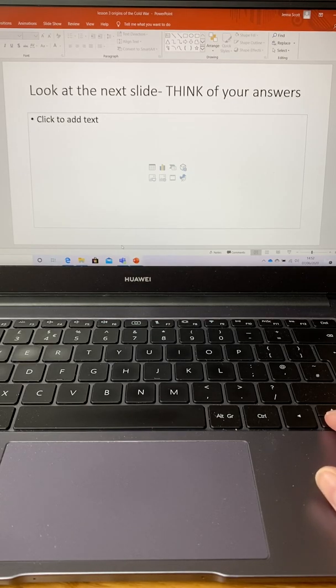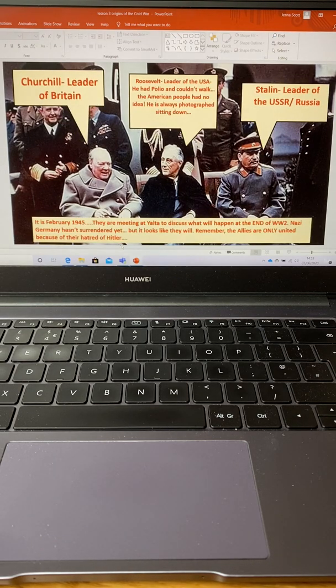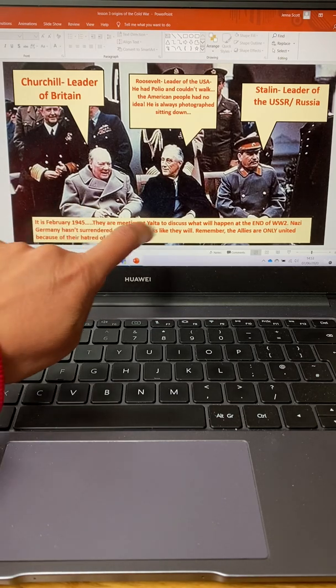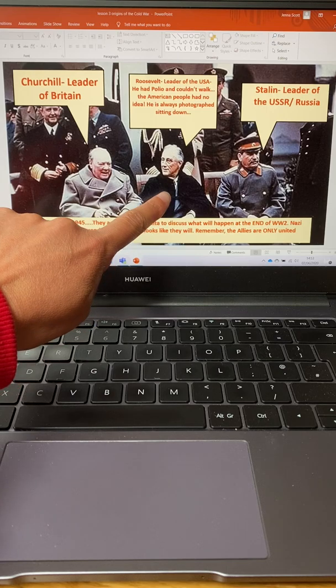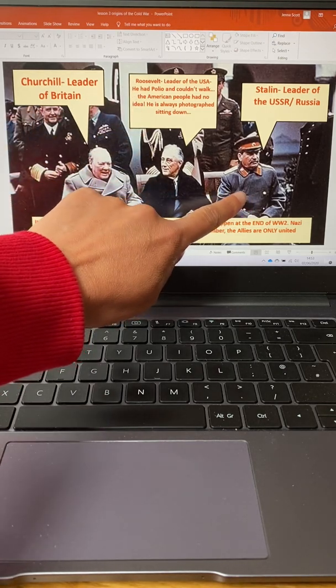Then, as it says here, you don't need to write anything down, you're just thinking of some answers. So have a look at this picture, pause it. Right, did you think of these answers? So we've got Churchill here, Franklin Delano Roosevelt, known as FDR or just Roosevelt, and then Stalin over there.